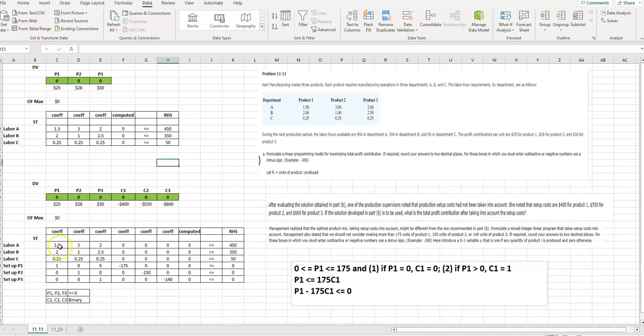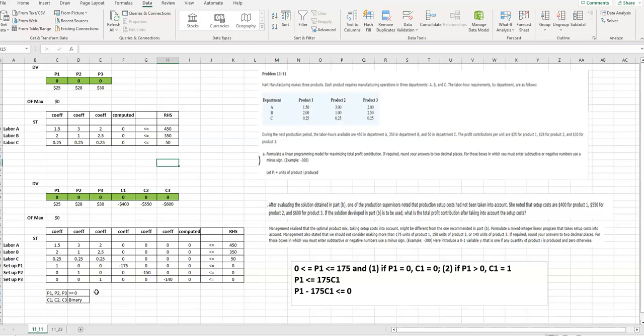You'll also notice that I've adapted the constraints area down here to include the setup costs for product 1, setup costs for product 2, setup costs for product 3, which are my C1, C2, C3. Now, the question is, how do we incorporate this into the model?